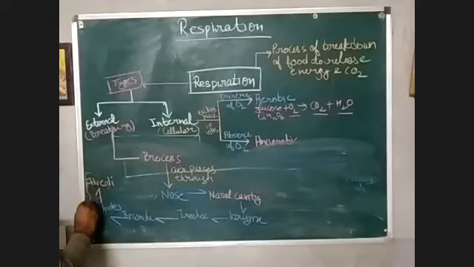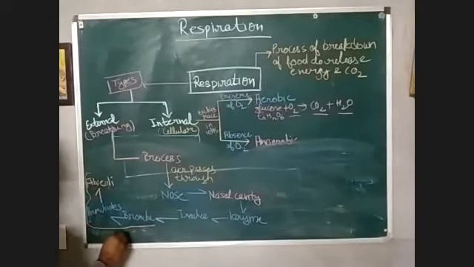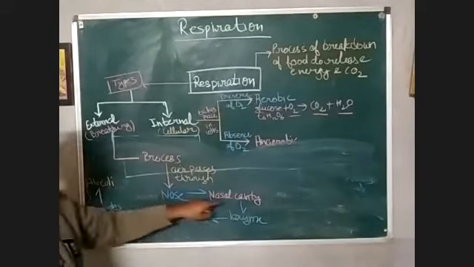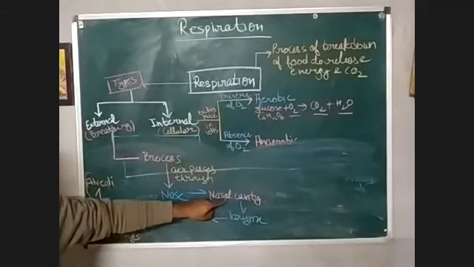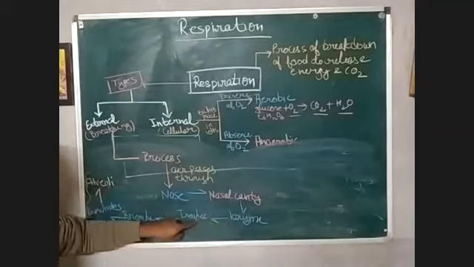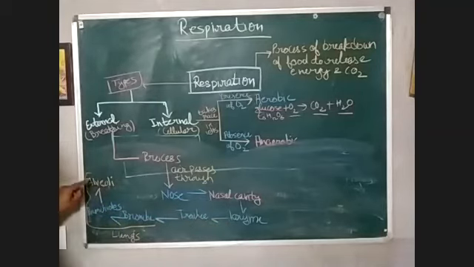This is contained in the lungs for purification. Air enters from the nose to the nasal cavity, nasal cavity to larynx. From larynx it passes to trachea, then bronchi, bronchioles, and alveoli. Here the purification of air takes place.